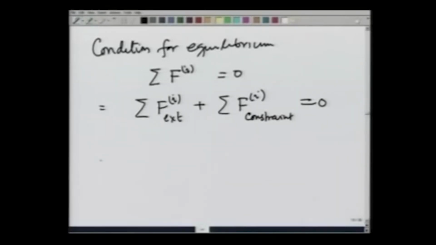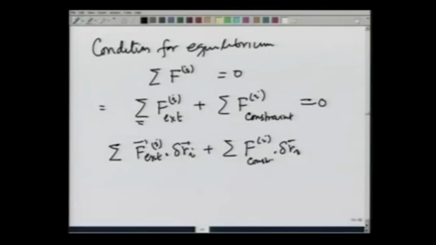Now, let us calculate the virtual work done. Virtual work done is going to be summation of F external i dot delta ri, where this summation refers to all the forces that are applied, plus summation of F constraint i, where i refers to the ith particle, dot delta ri, equal to 0. It is 0 because the right hand side is 0.